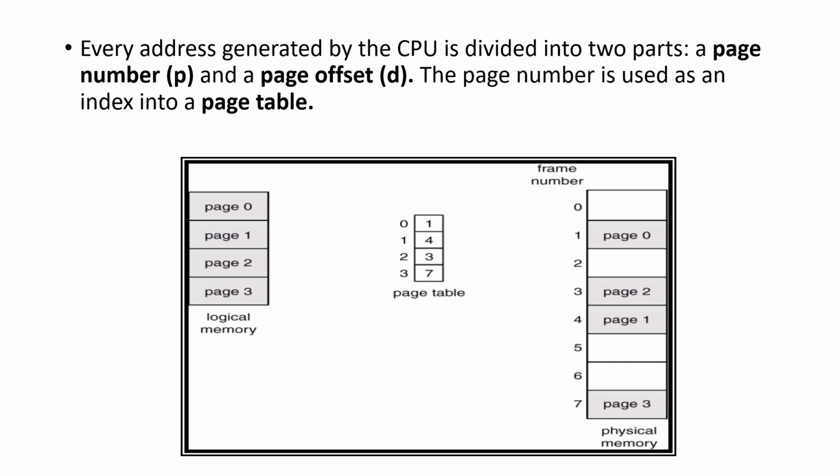In between we have the page table. As I told earlier, the logical address is converted to the physical address so that the data can be placed in the specific address. Each page has a frame number in the page table, and using that frame number the pages will be allocated in the physical memory.